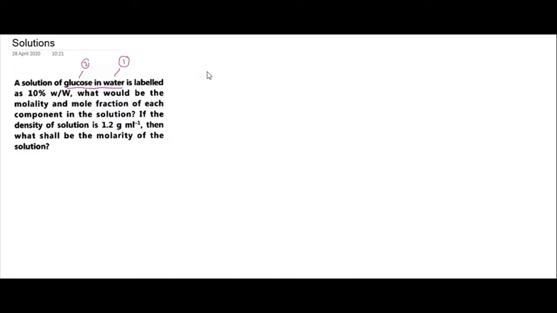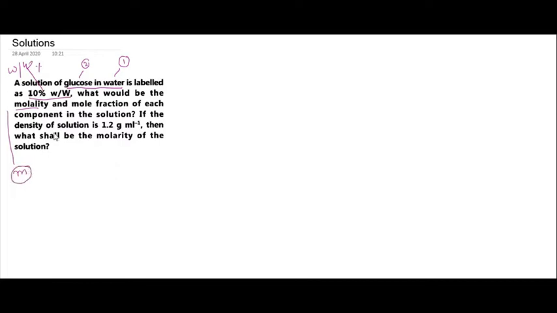Glucose is labeled as 10% weight by weight. So it is given as weight by weight percentage, okay? And then what would be the molality? Molality is represented as m.